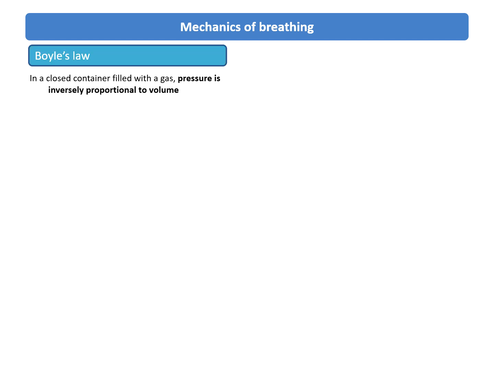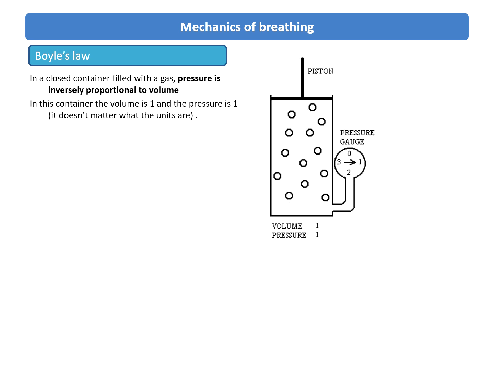Let's look at Boyle's law. In a closed container filled with a gas, pressure is inversely proportional to volume. Here's a container. Let's say the volume in this container is 1 and the pressure is 1. It doesn't matter what units we're using. It could be pounds per square inch or whatever.